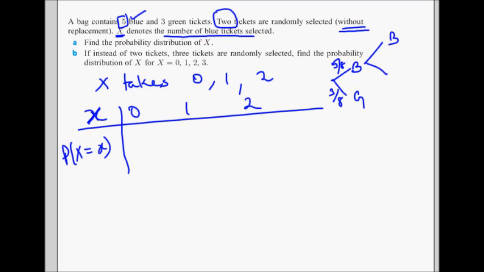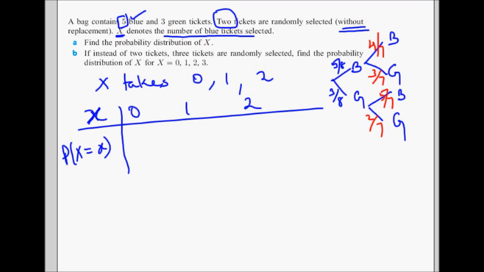And then you'll have another branch, blue and green, and you need to fill in the branches here. It's without replacement, so you will reduce the number of blues and greens. So blue would be 4 over 7, and green would be 3 over 7. And in this case the blue doesn't change, therefore 5 over 7. The green changes to 2 over 7.